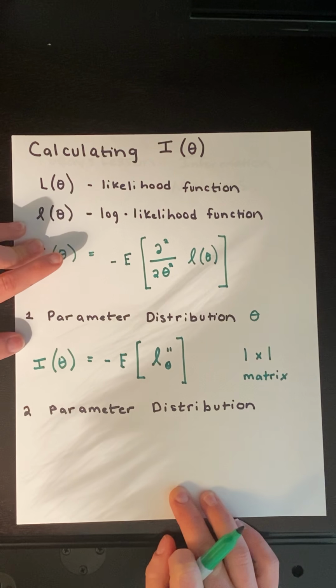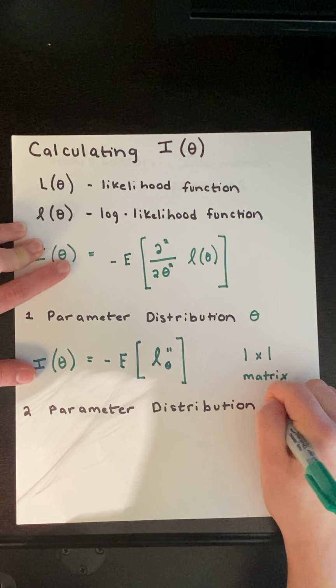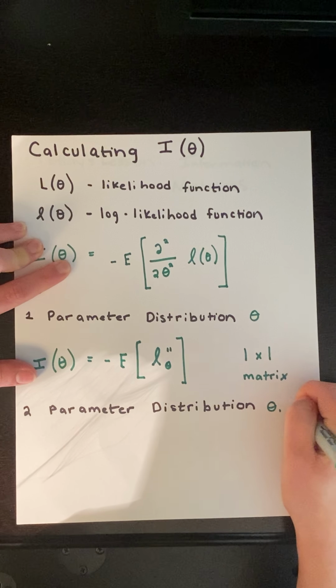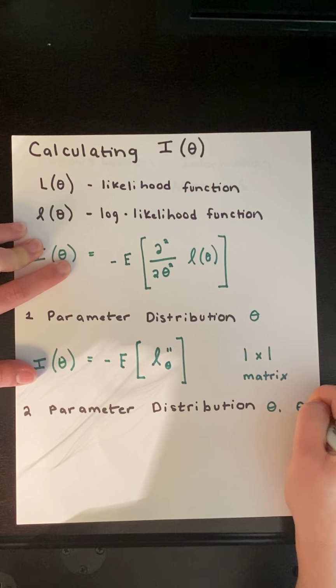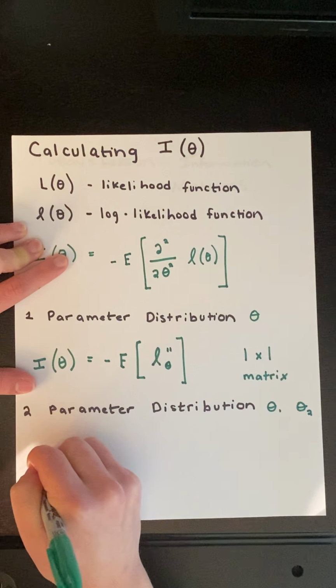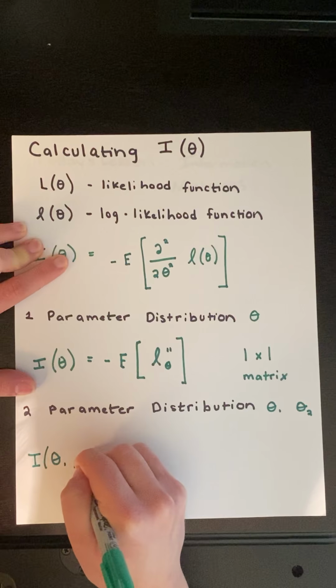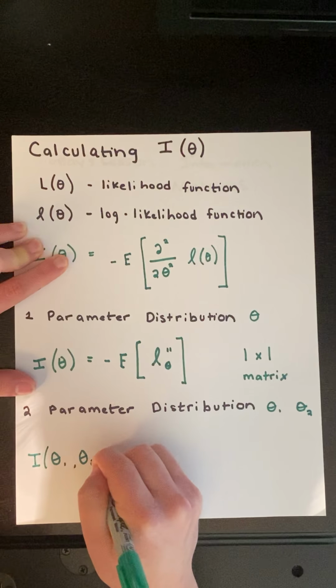So for a two parameter distribution, with, let's say, parameters theta 1 and theta 2, these are the parameters that we have been estimating, the information matrix would be given by I of theta, theta 1, and theta 2.